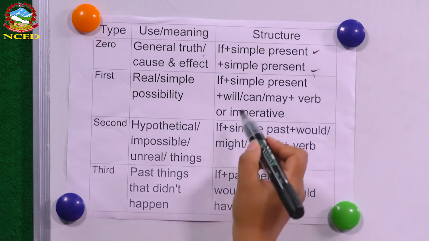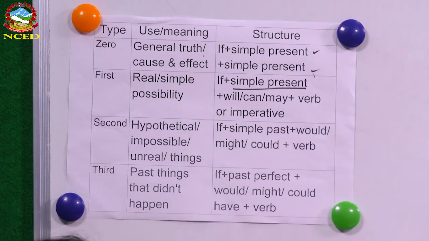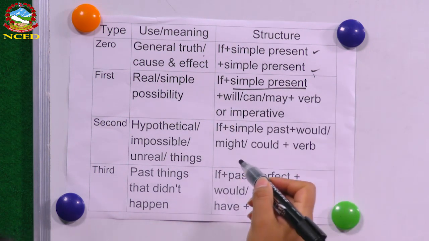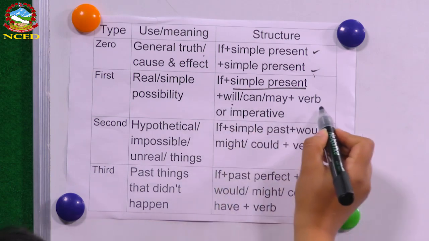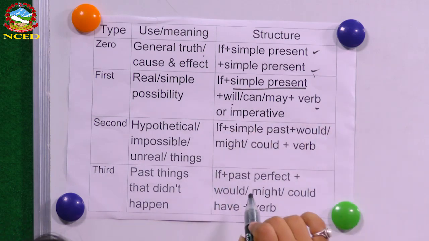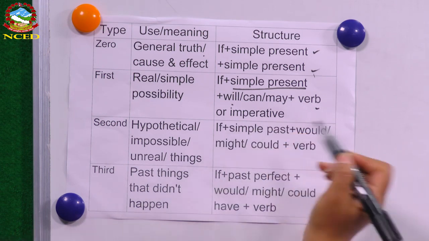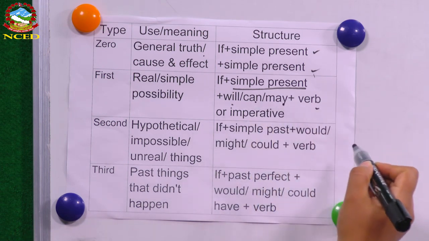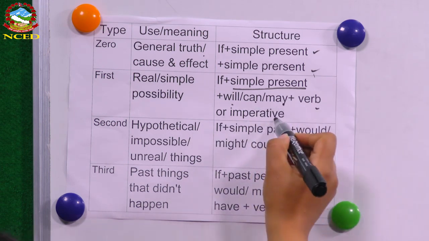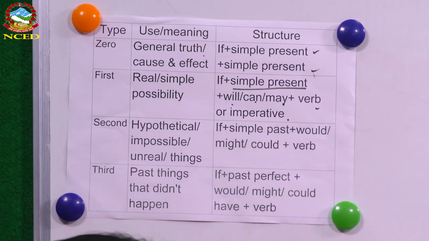And the structure is the if clause is in simple present tense and the main clause consists of will plus the base form of the verb, or alternatively we can also use can or may, other modals. Or it can also be an imperative sentence as we had talked in our previous class.